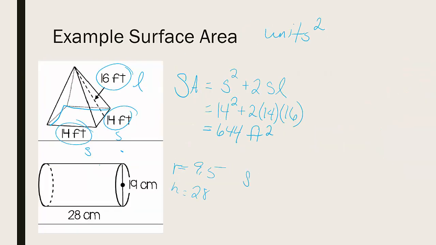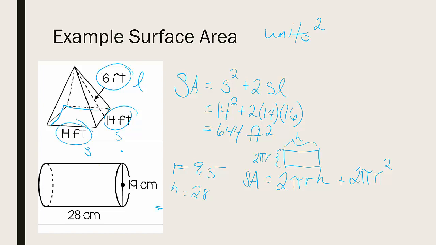So surface area equals 2 pi rh plus 2 pi r squared. So this is the surface area of this length right here is 2 pi r, and this length right here is the height.